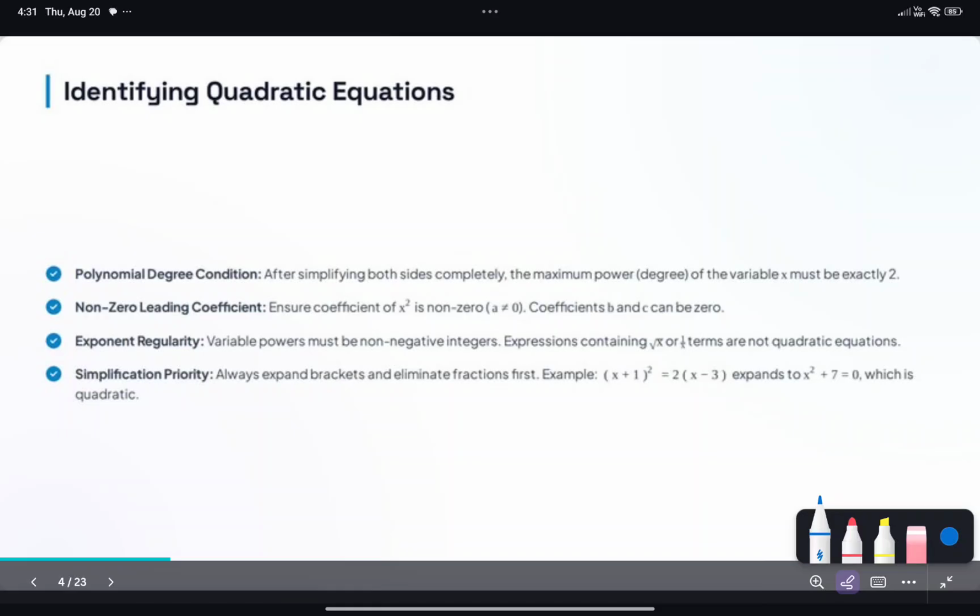Polynomial degree condition. The first one: after simplifying both the sides completely, the maximum power of the variable x, which we can sometimes call the degree, must be exactly 2. Getting the point? The complete sentence gives the complete meaning.